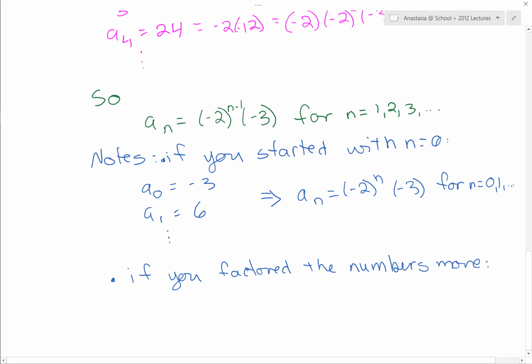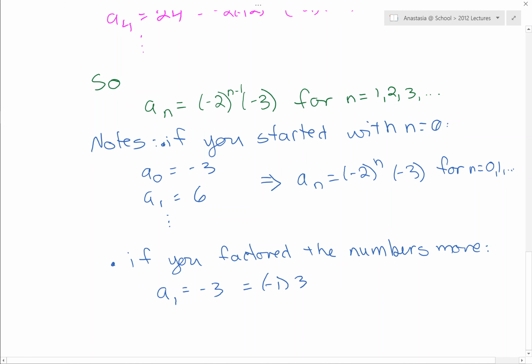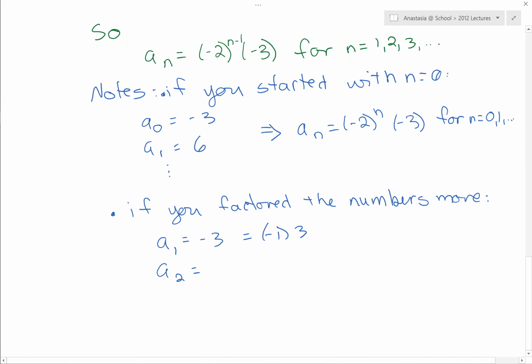So what I mean by that is, let's say we had a sub 1 being -3, and you rewrote this as a -1 times 3. Then a sub 2 was 6, which was -3 times -2.